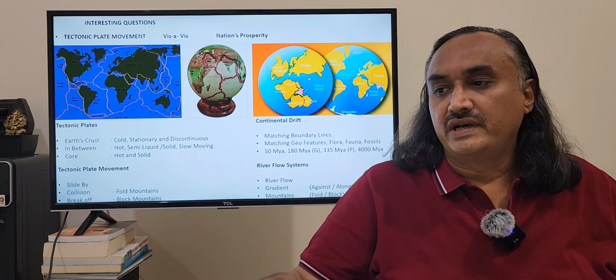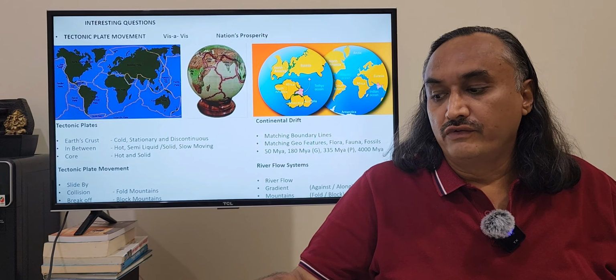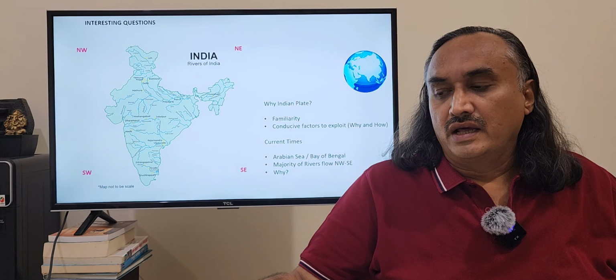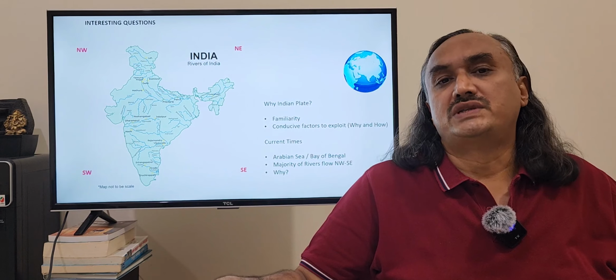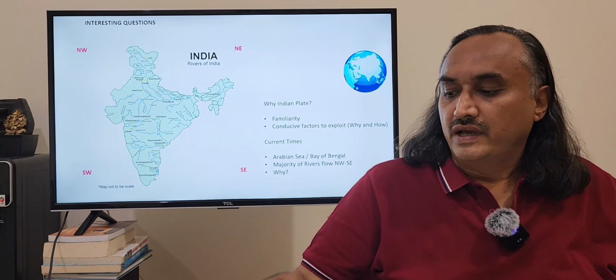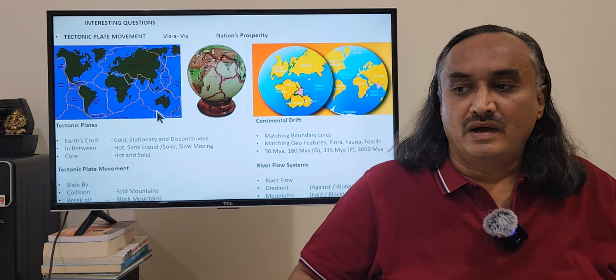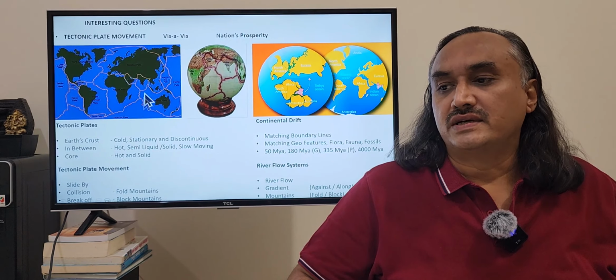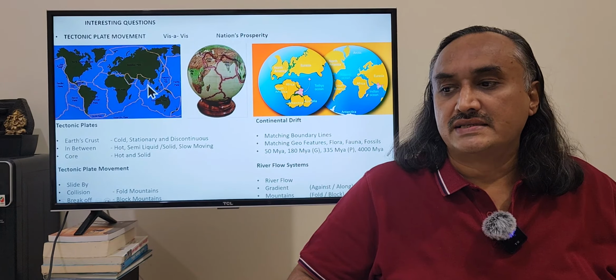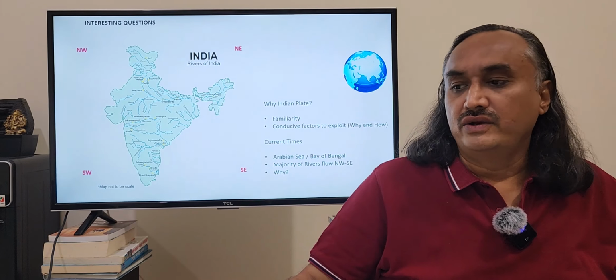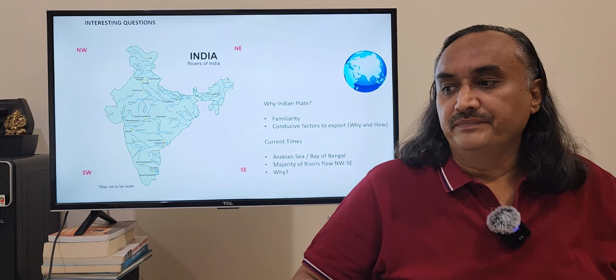Now that we have studied the basic concepts and how the river flow systems are affected, which plate should we take for consideration? As you had seen, there are so many tectonic plates to consider. Why consider only this Indian plate? One reason is familiarity. I, being an Indian, know the river flow systems and the topography.